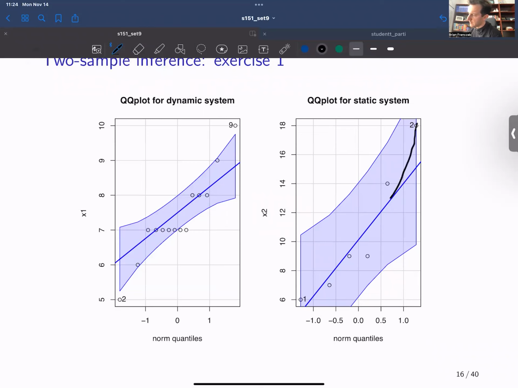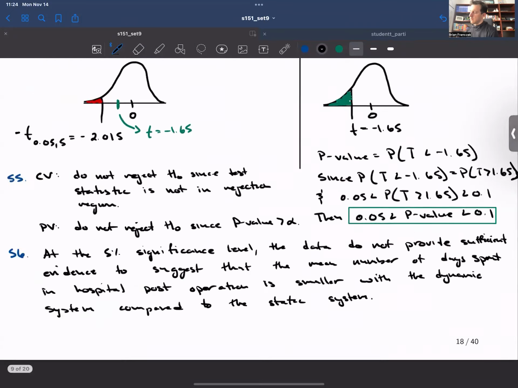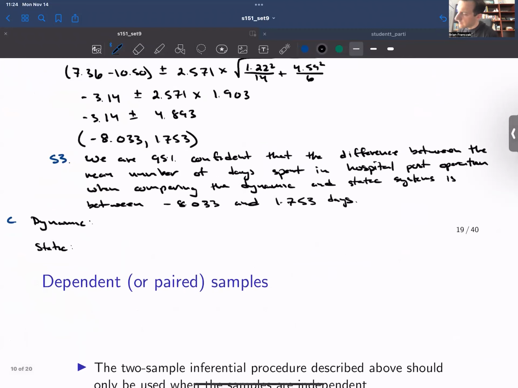So again, if we're being very strict, we might say that we're getting a bit of curvature due to those 2 outlying points, and that might imply a bit of right skewness. So here too, if we're being very strict, we would be inclined to say that this assumption is probably violated.